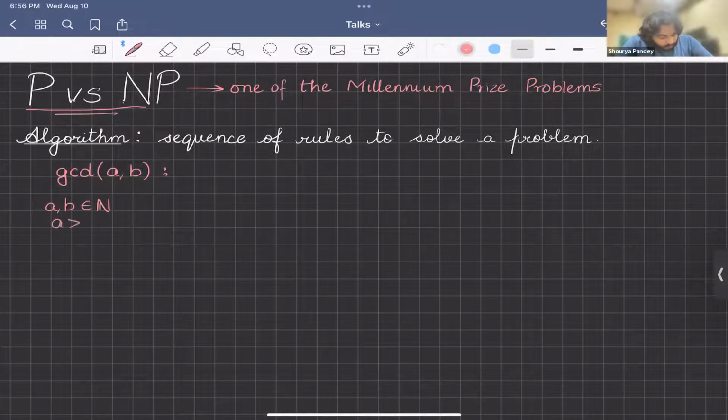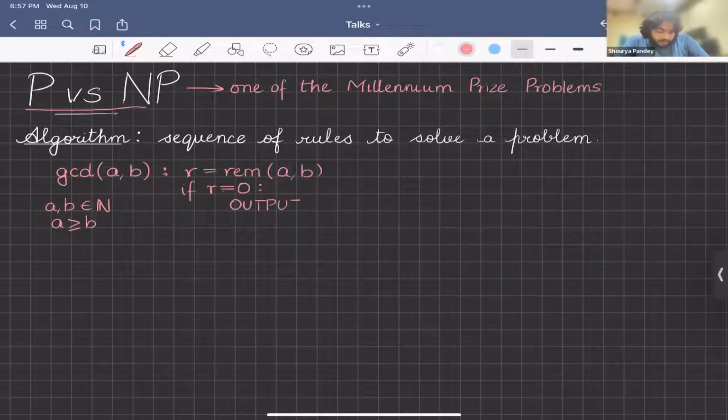So let's just say A is at least as big as B. Let R be the remainder when A is divided by B. Now, if R is 0, we output B, because if the remainder is 0, then the GCD is indeed the smaller number. Otherwise, we output GCD of B and R.